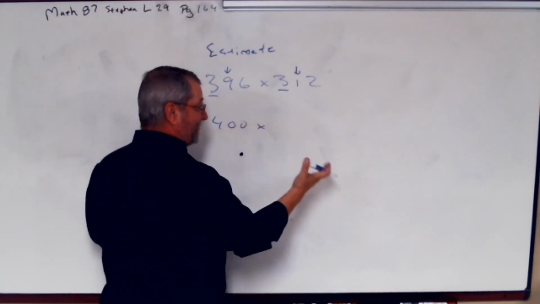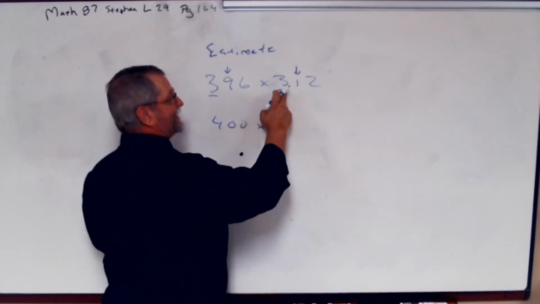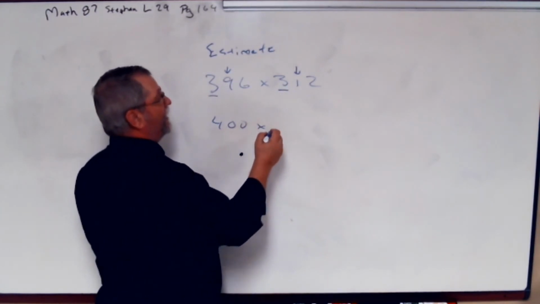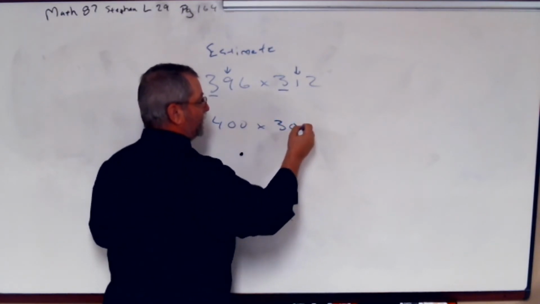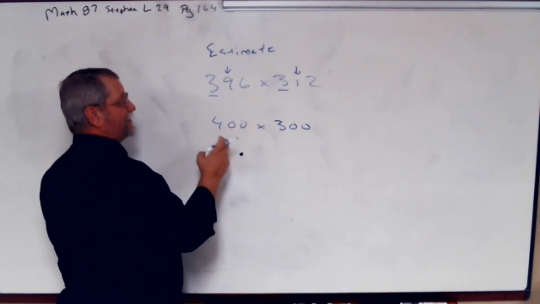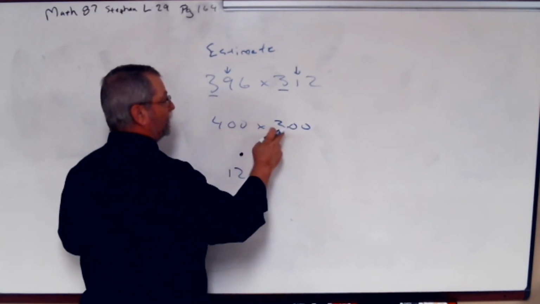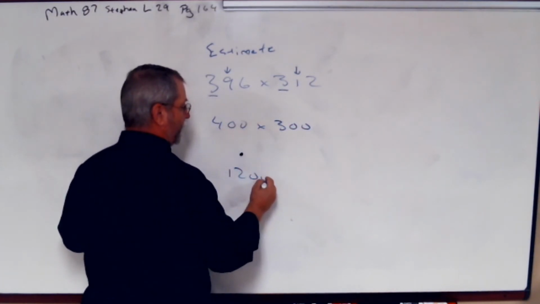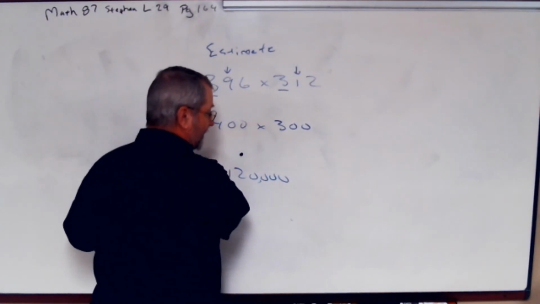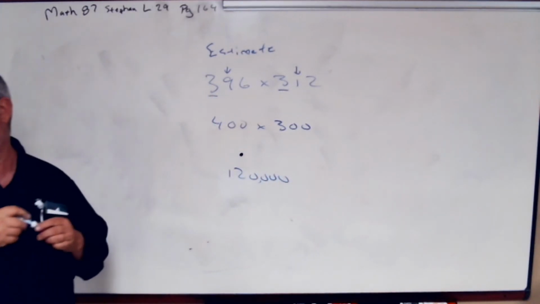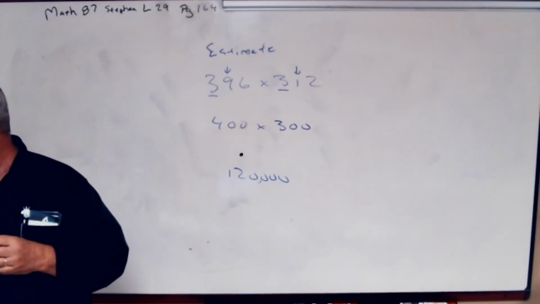That's less than 4. 4 or less. That stays the same. It never goes down. That's 300. To multiply this, 4 times 3 is 12, with 1, 2, 3, 4 zeros. And there's your answer. See how easy that is? You like that, don't you? Okay? Estimating is very, very cool.